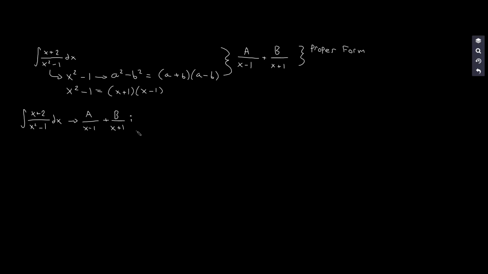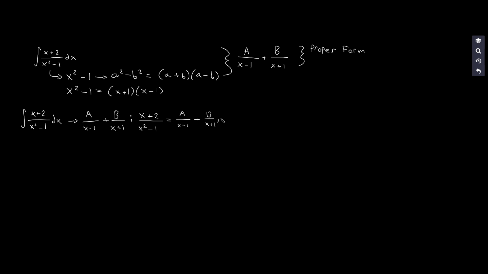Let's see. And so then we could just look at our integrand. We could say that x plus 2 over x squared minus 1 equals a over x minus 1 plus b over x plus 1. And honestly, I think we're better off writing the denominator on the left-hand side in the factored form.